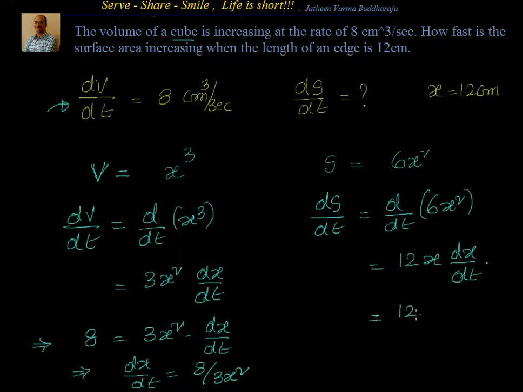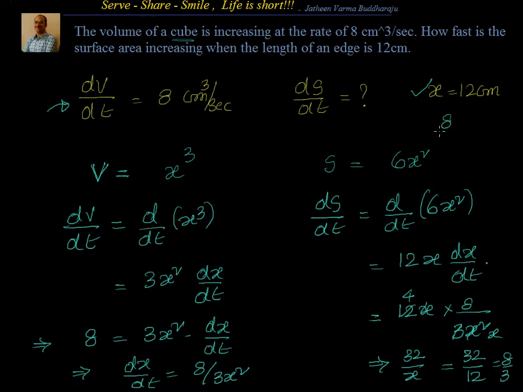This is equal to 12x into 8 by 3x square. Simplifying, 3 goes 4 times and x cancels, giving 32 divided by x. We are interested when x equals 12 centimeter, so that is 32 by 12, which is equal to 8 by 3. So dS by dt is 8 by 3 centimeter square per second.